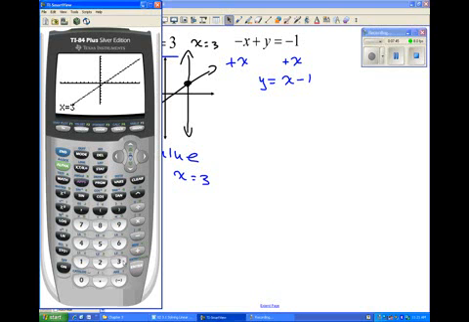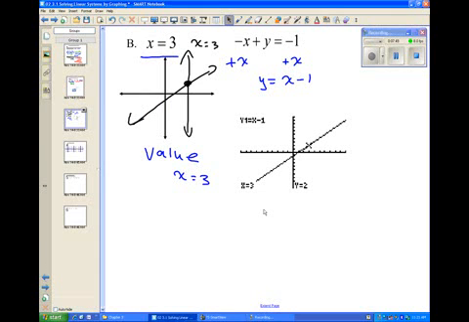It's going to tell me the value when x is 3 is 2, and that's the same thing as if the calculator was able to graph that line x equals 3. It can't, but I know that the intersection is 3, 2.